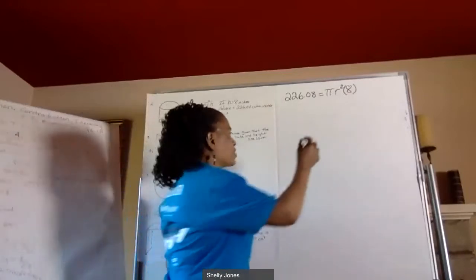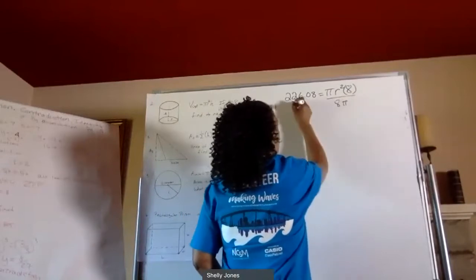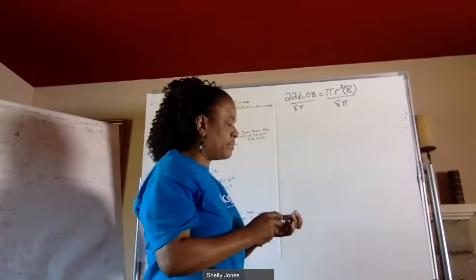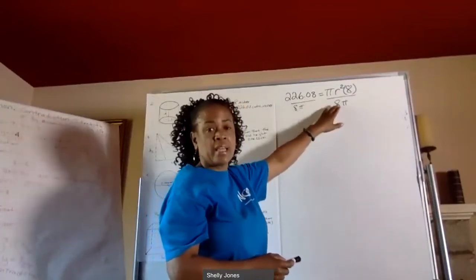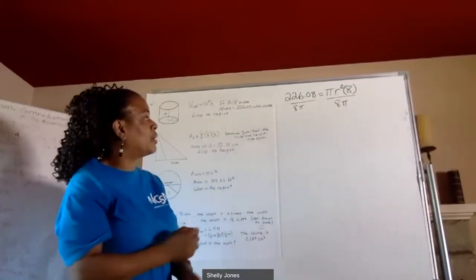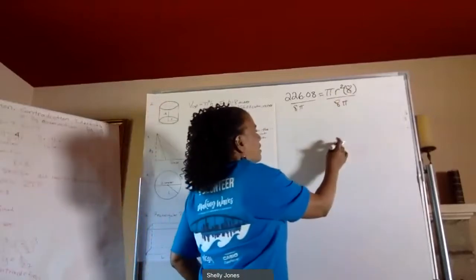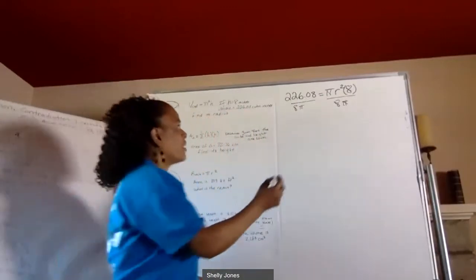I said multiply, but I meant divide both sides by 8 pi. When I say 8 pi, that's a multiplication, okay? In this case, the 8's cancel out, 8 over 8, and pi over pi. And so I'm left with r squared on that side.